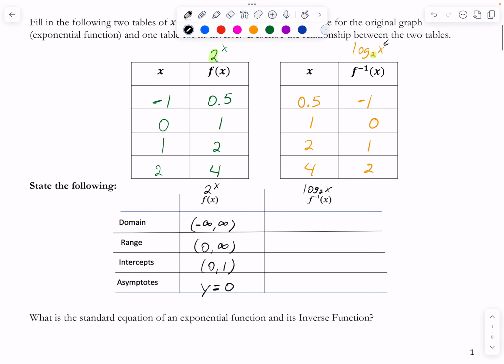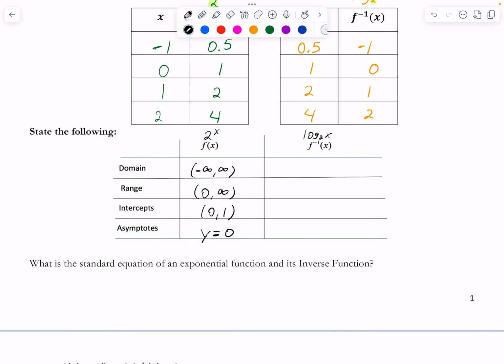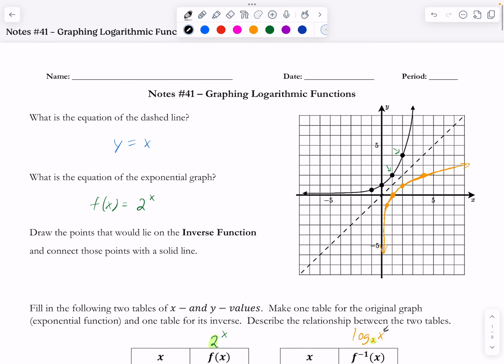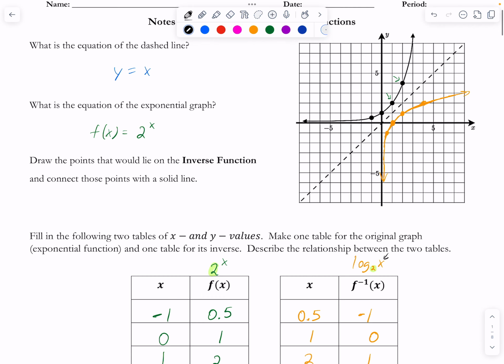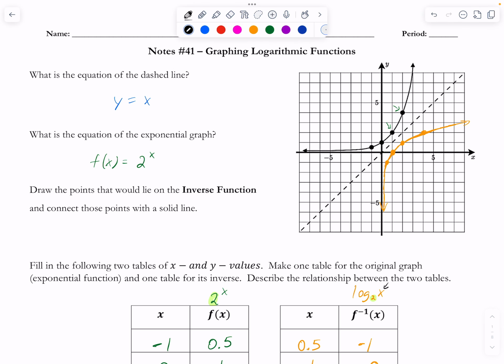So the domain is 0 to infinity, and the reason this is a parenthesis at 0 is because our asymptote is a vertical asymptote at x equals 0. The range is going from -infinity to infinity. And for the intercepts, we don't have a y-intercept because we're not intercepting the y-axis, but we do have an x-intercept at (1, 0).